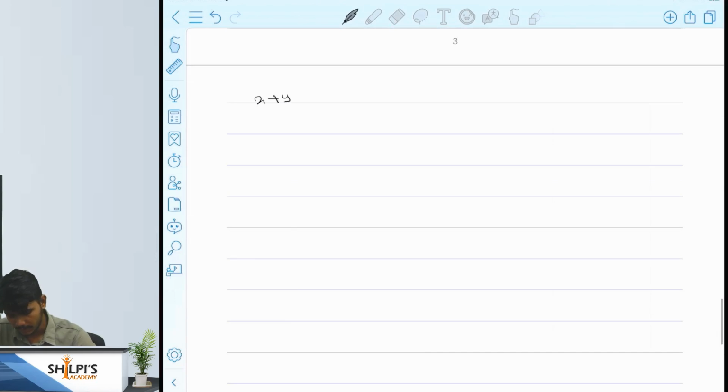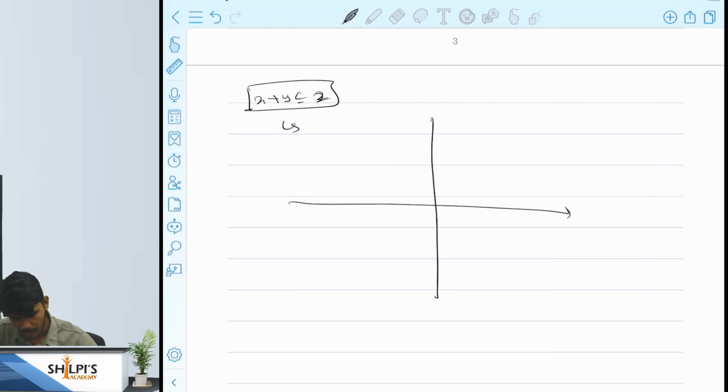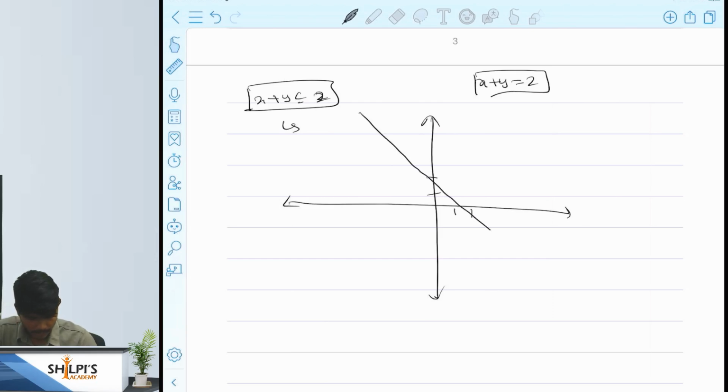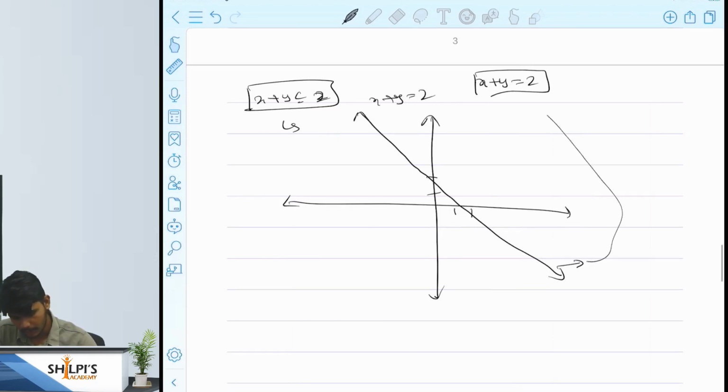Take this x plus y less than or equal to 2, and I want to graph this now. I will consider this equality. So for now, my equation will have this graph. But this is the graph for this equation.